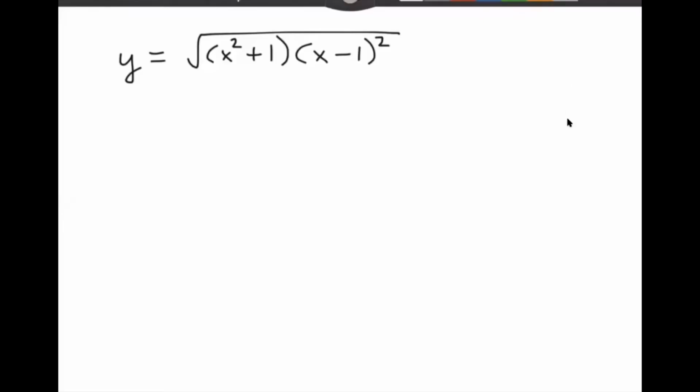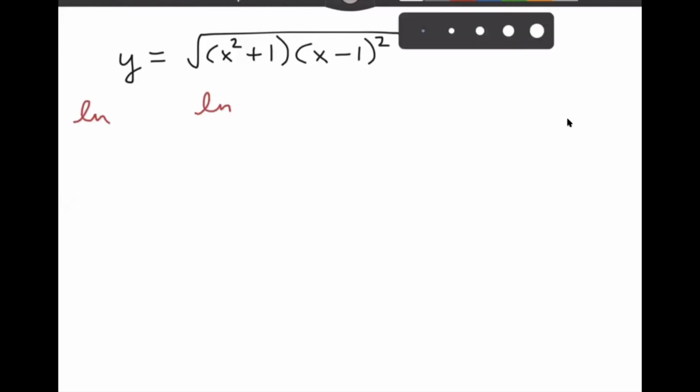All right, so the first function is y equals the square root of x squared plus 1 times x minus 1 squared, and we want to find the derivative of that. Here's how logarithmic differentiation works. Before we do any calculus, we are going to take the natural log of both sides.